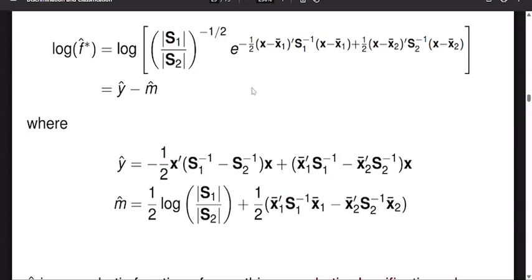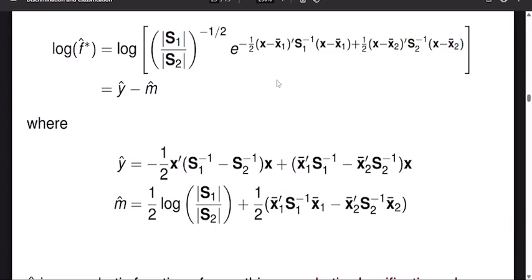You can try taking the log. The log of all of that is going to be the log of this guy, and the log of this guy is just going to be minus half log of this, which is what you're having here. Why is the minus disappearing here? Because we say minus m. So when I say minus m, of course, you're going to see the minus here for all of this.